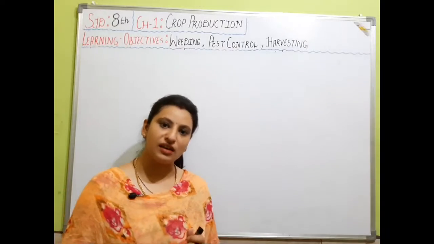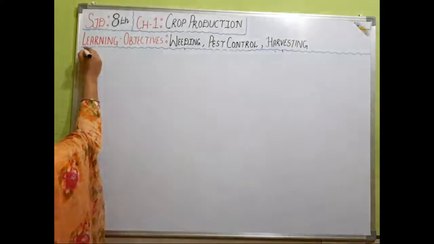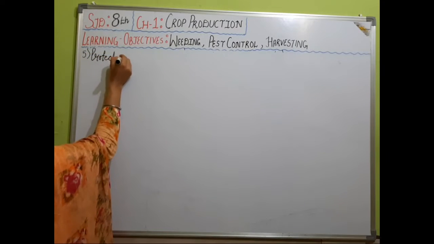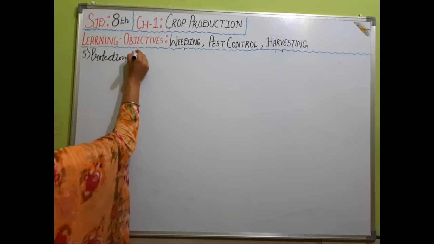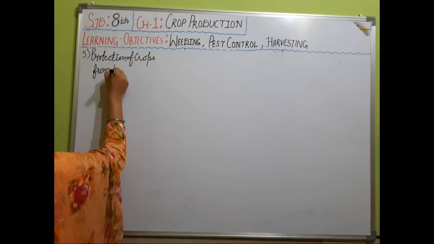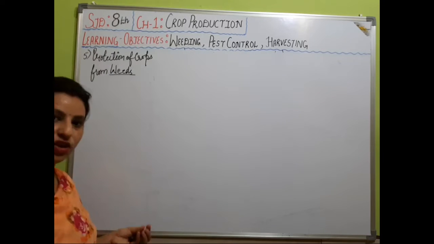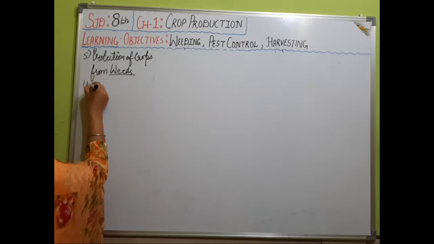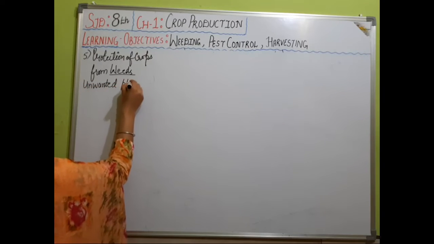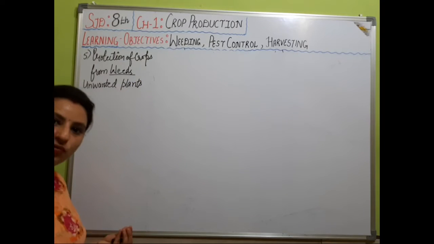So without much delay, let's start with the 5th practice, that is protection of crops from weeds. Now the question arises: what are weeds? Weeds are the unwanted plants which are not required in the crop plants, and if they are unwanted plants then we have to remove them.